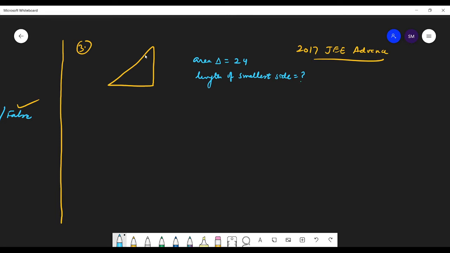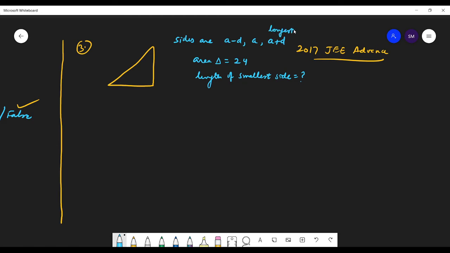So what are the three numbers? If these sides are in AP, students, which three numbers are you going to take in AP? Sides are A minus D, A, and A plus D. Very good. Tell me, which one is the longest side?